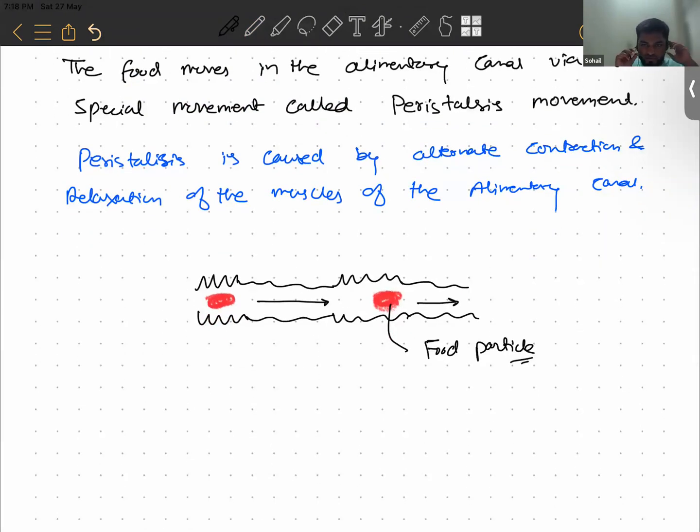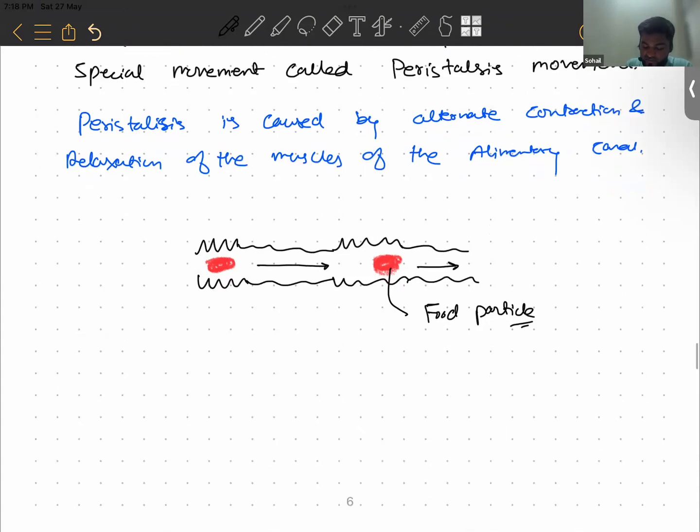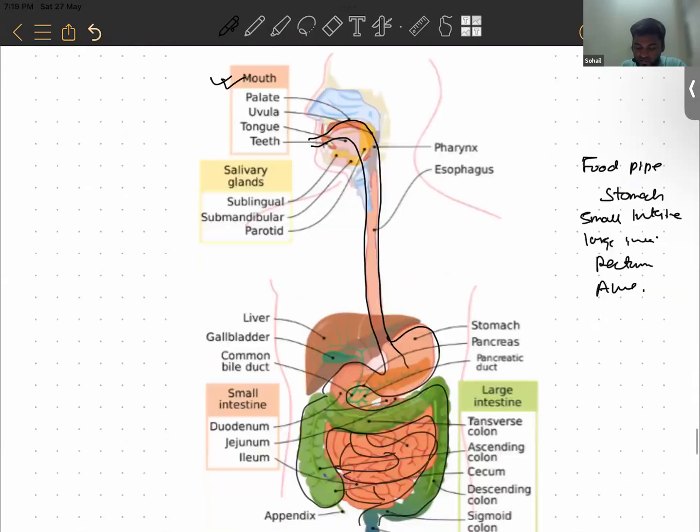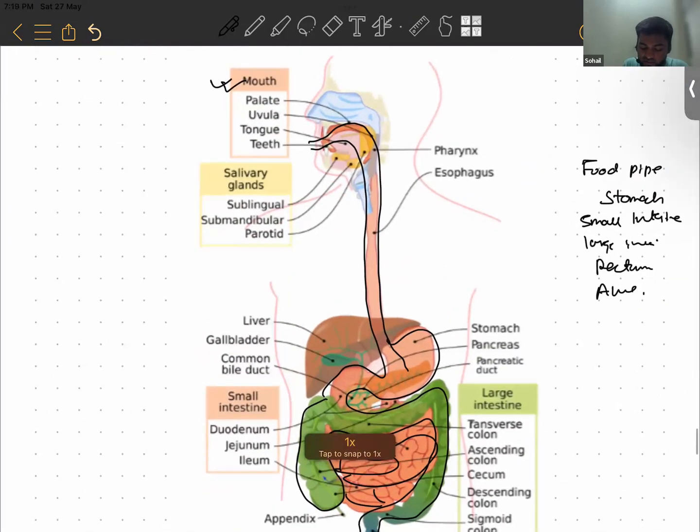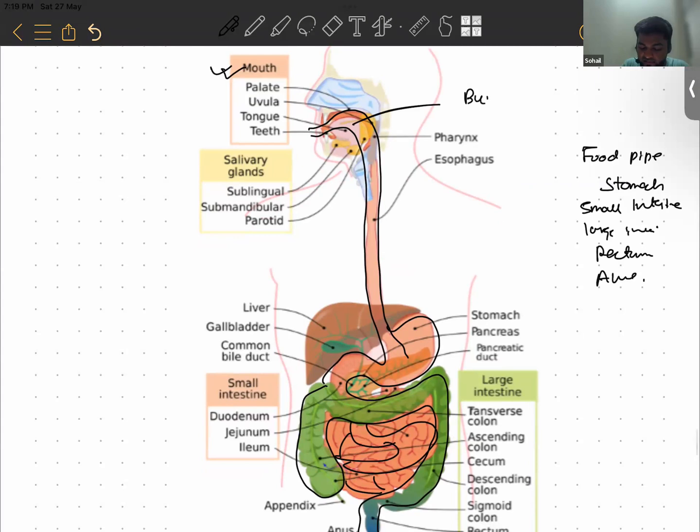One more thing to be understood here is the mouth cavity, by which the food is taken into the alimentary canal and chewed, which is called the buccal cavity.